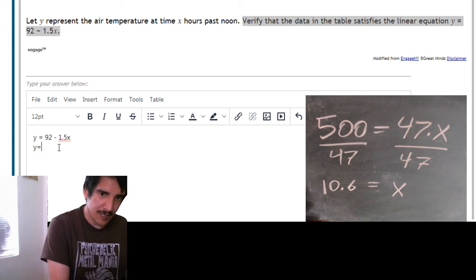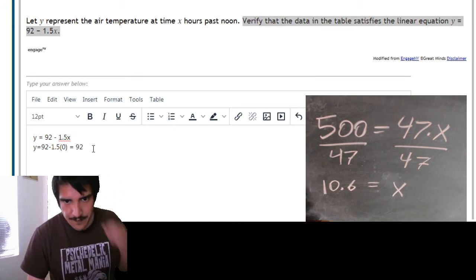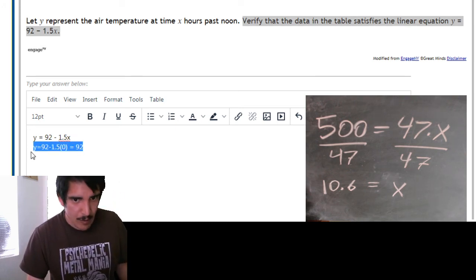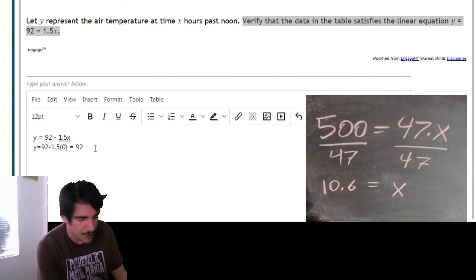So what we have to do is y equals 92 minus 1.5 times 0. And then if you do that math, you get 92, right? And so what I want you to do is we're going to do that with every single time after that. So for example, now 1 hour later, 92 minus 1.5, I believe that equals 90.5.